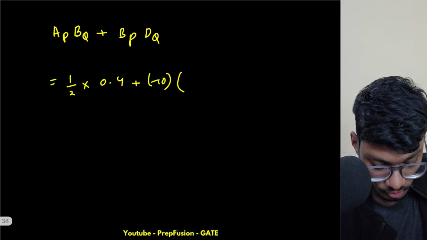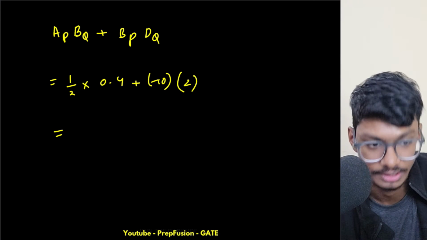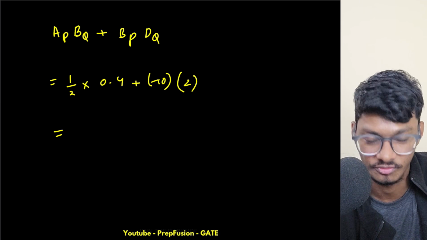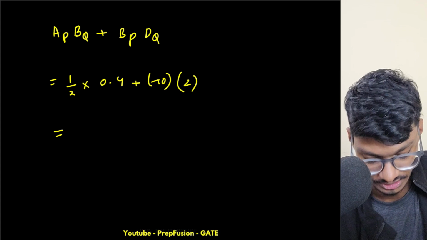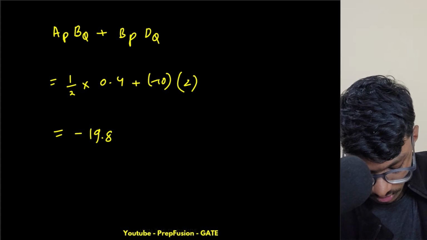Even I am making so many calculation mistakes, so I do understand this is a difficult question, difficult in terms of lengthiness and so many things you have to write. So it is bound to happen that you will make some calculation mistake here. So it will be minus 19.8. This will be my answer for this question.